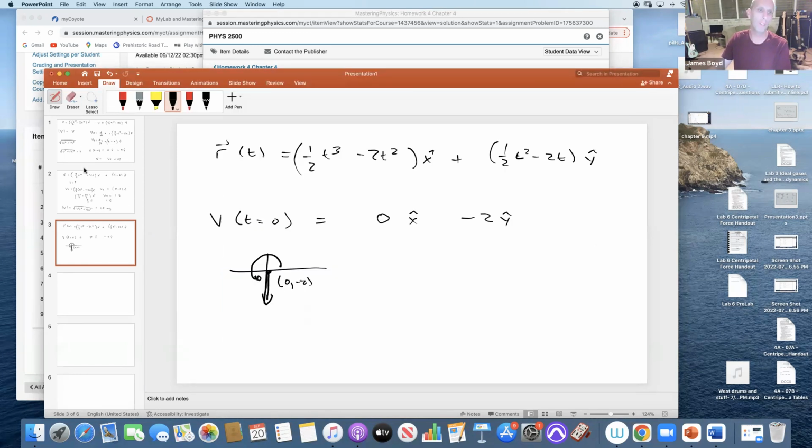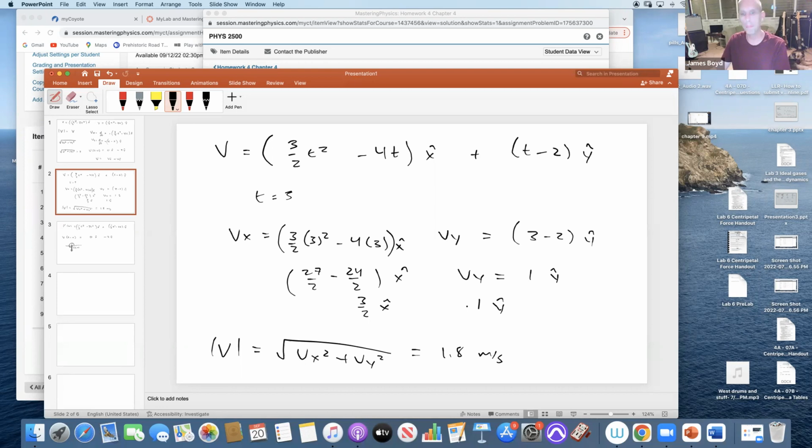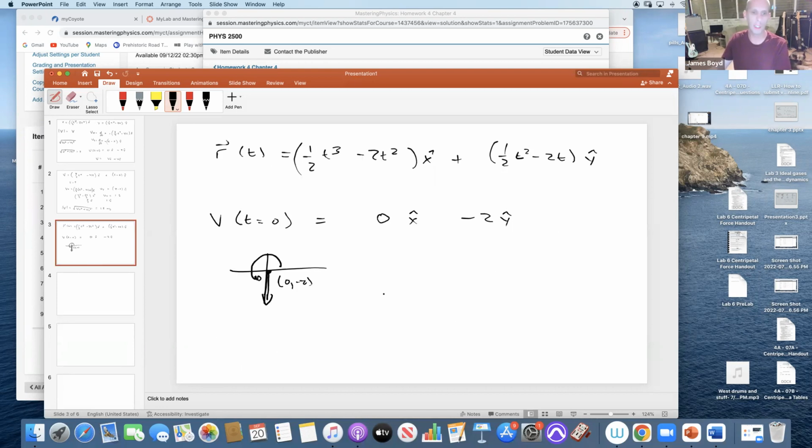Now, when we found the velocity when t was equal to 3, what we got was 3/2 x hat plus 1 y hat. That means our vector looks something like this: go over 3/2 in the x, go up 1 in the y, and your vector will be along the diagonal of the rectangle formed by that.